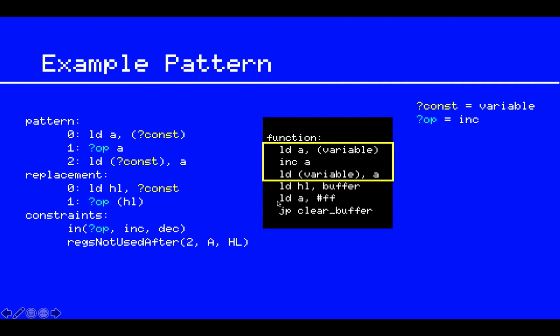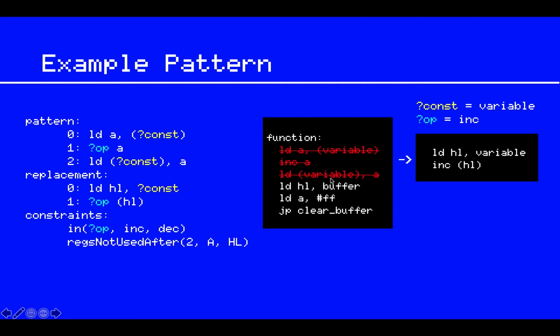The value of A is not used because just here we are overwriting A, so whatever value A had here is not used. How about HL? Right after these 3 lines, HL is already overwritten, so neither A nor HL are used after instruction 2. Therefore, both constraints are satisfied. That means we can apply the pattern and replace this with this. We will remove these 3 lines of code and replace them with these 2 lines of code. And notice that this is equivalent, and it is shorter and faster.